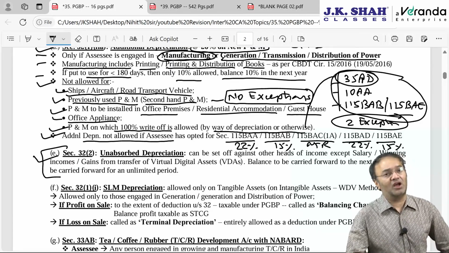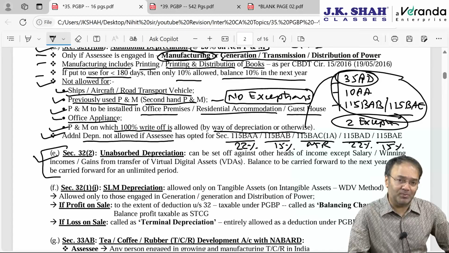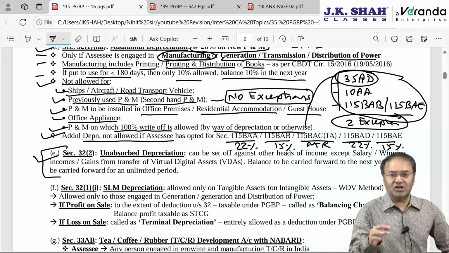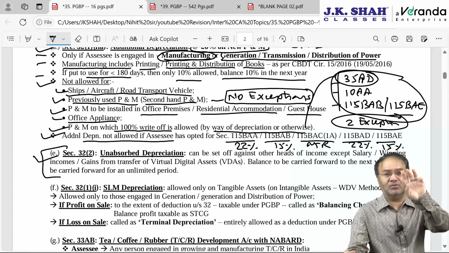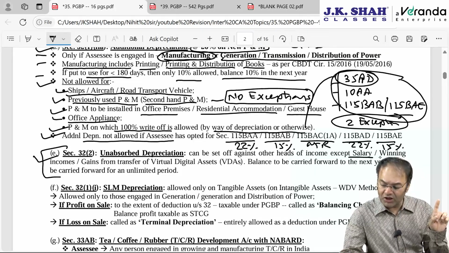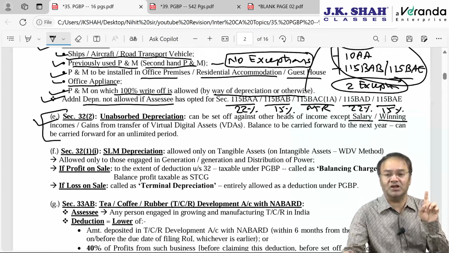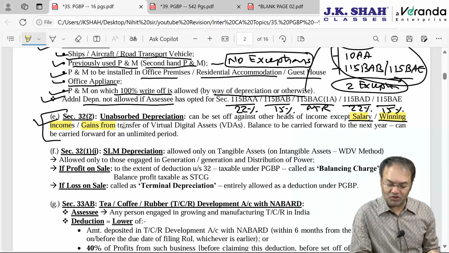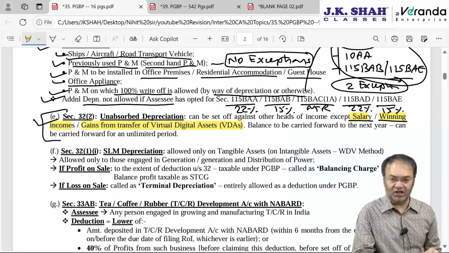However, unabsorbed depreciation brought forward of earlier years or current year depreciation is not allowed against three types of income. First, it is not allowed to be set off against salary income. Second, winning income, winning from lottery, crossword puzzle, card game, and third is gain from virtual digital asset, which is capital gain.